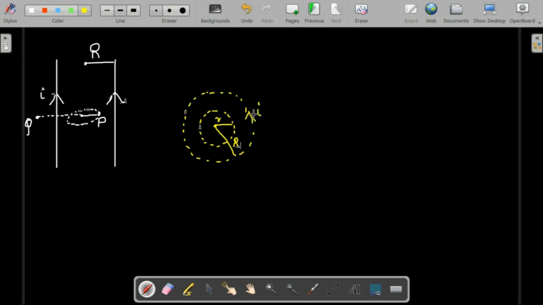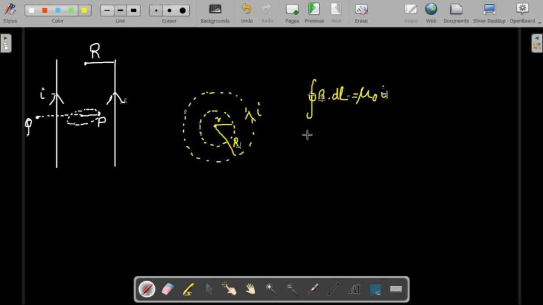This is my I. Okay, so if you just want to find out what is the magnetic field, we can easily use the Ampere circuital law. B dot dl is equal to mu naught into I. Okay, so angle between B and dl is 0 degree, so cos 0 is 1.